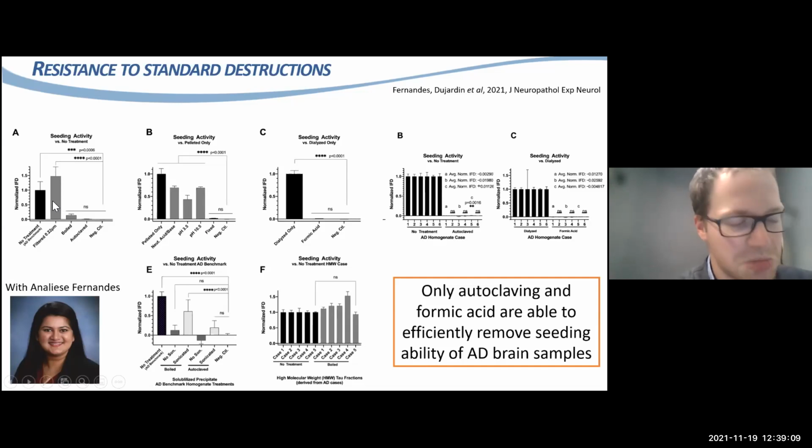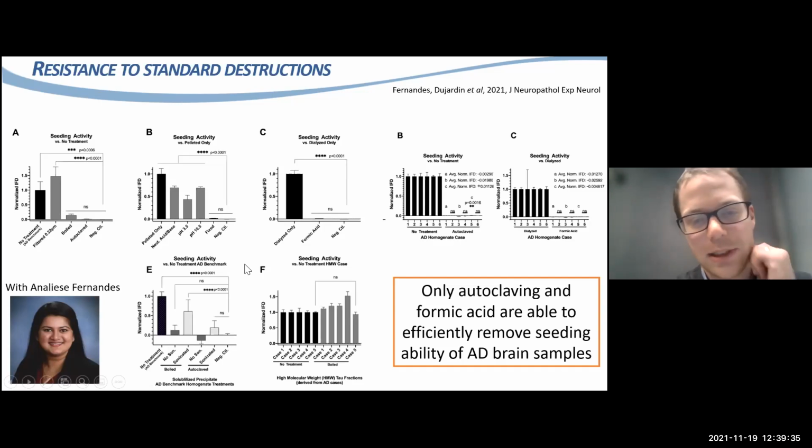Doesn't change the seeding capacity of the solution. Boiling, autoclaving though, worked quite well as a first blush. We also tried to vary the pH, so have an acidic pH or a basic pH, and that didn't remove seeding ability from the samples.